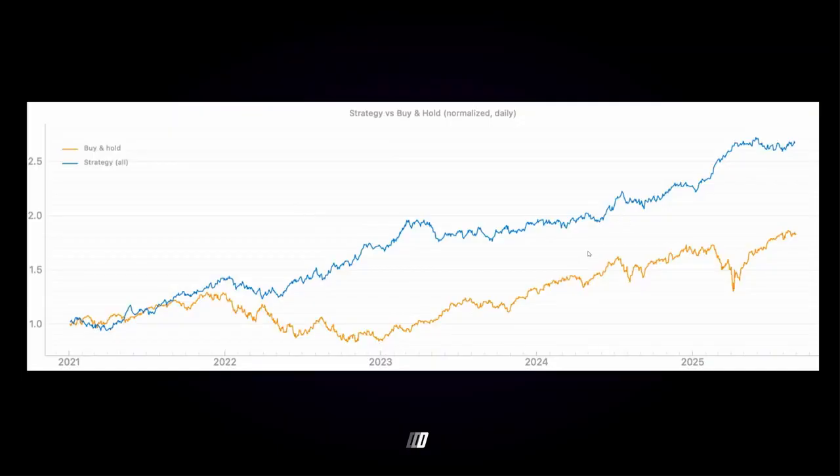And this is the performance of an opening range breakout strategy, risking 2% per trade, compared to the performance of just buying and holding the S&P 500, from 2021 till more or less today.